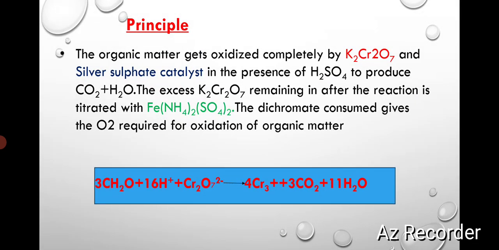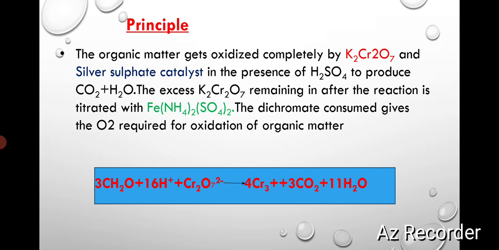Principle: the organic matter gets oxidized completely by potassium dichromate and silver sulfate catalyst in the presence of H2SO4 to produce CO2 plus H2O. The excess potassium dichromate remaining after the reaction is titrated with Fe(NH4)2(SO4)2.